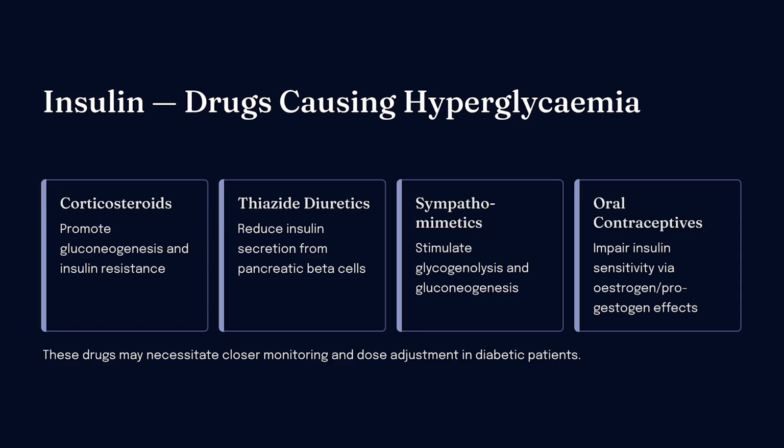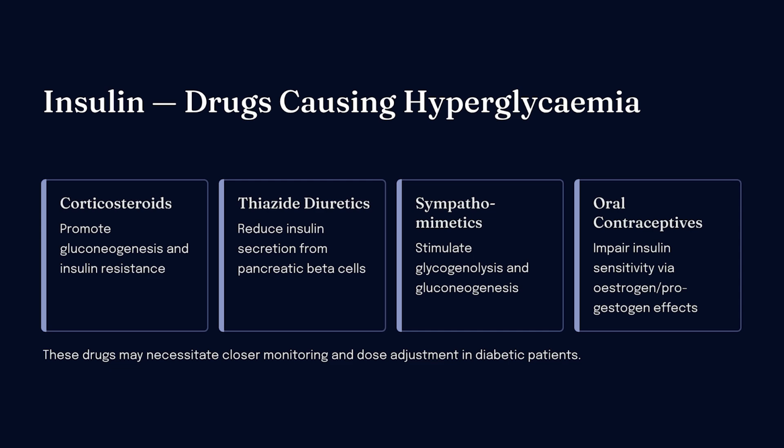Next are thiazide diuretics, which can reduce insulin secretion from pancreatic beta cells and thereby impair glucose control. Sympathomimetics, such as adrenaline, stimulate glycogenolysis and gluconeogenesis, increasing glucose release into the bloodstream and causing hyperglycemia.